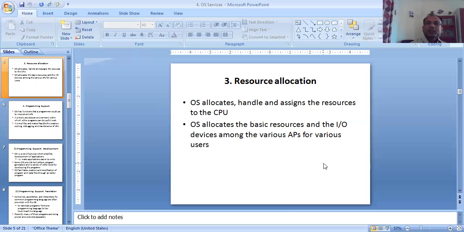It allocates the basic resources and the different peripheral devices between or among the different application programs corresponding to different users. Different users के जो different application program हैं उनके लिए operating system resources को allocate करता है. Resources include the hardware or software. Later we will be discussing about the resources. Okay.